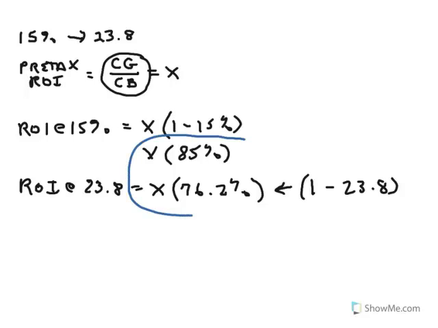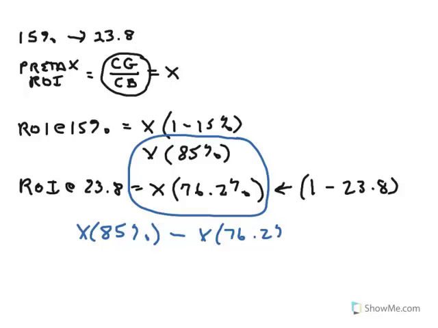Okay, now we can work a little bit of easy algebra because we're looking at the difference between these. We're looking at what the drop in the after-tax ROI is going to be. So we can just reformulate it algebraically as x times 85% minus x times 76.2%.